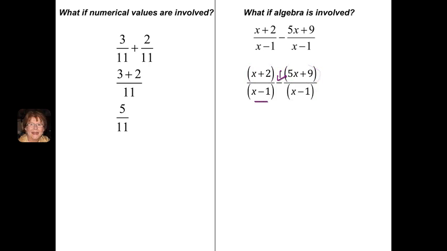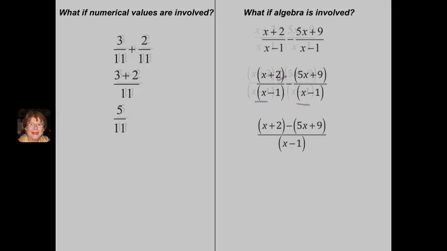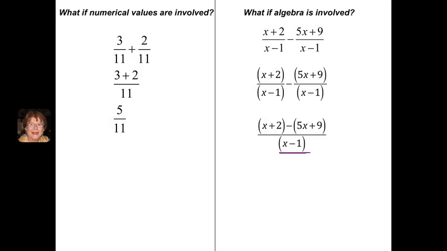Now that we have a common denominator, we can keep that common denominator and we subtract the numerators, being careful with the rules of algebra. And that's where the brackets come in handy. In front of the brackets here, there is no sign. That's understood that it's positive. Therefore, that remains x plus 2.